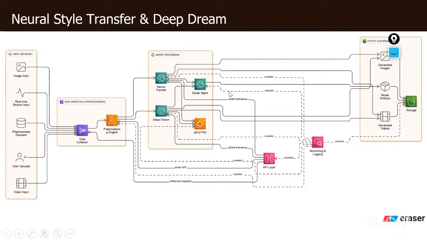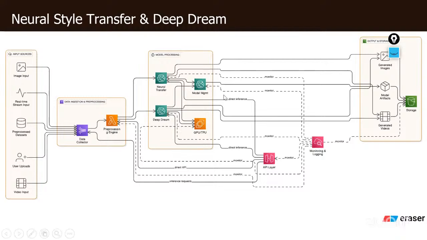Likewise, for interactive demos, we can spin up TPU pods which can deliver results in under 10 seconds. Then we are having model management. Within model management, we are having a dedicated registry which will check the checkpoints within this, having versions of the style, and the optimization hyperparameters, whatever we are using.